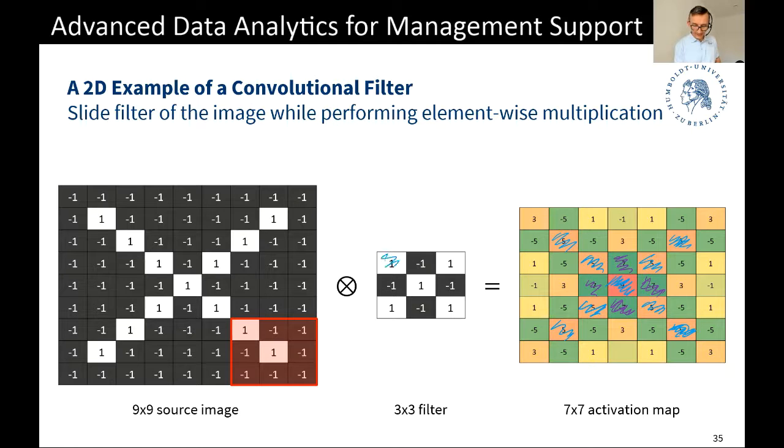Revisiting my filter again, yes, indeed, it's like a cross-detecting filter, isn't it? So this filter, by the way, remember, of course, this one I made up, but normally these get trained.